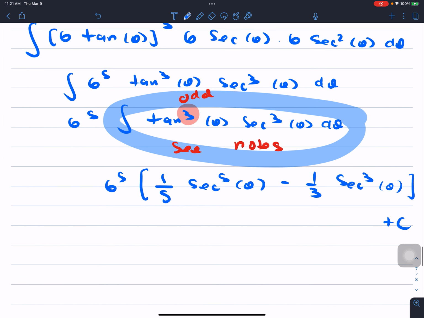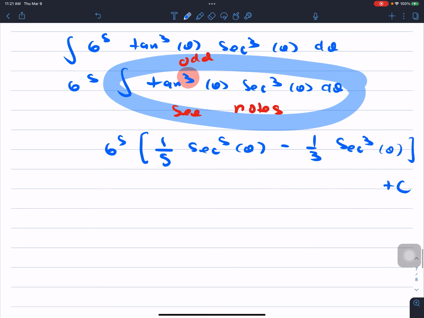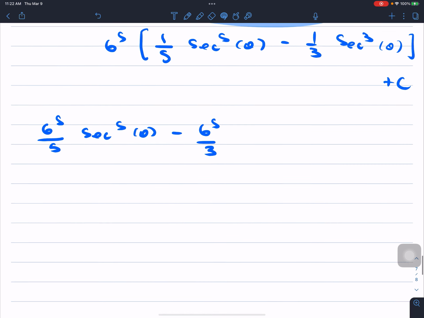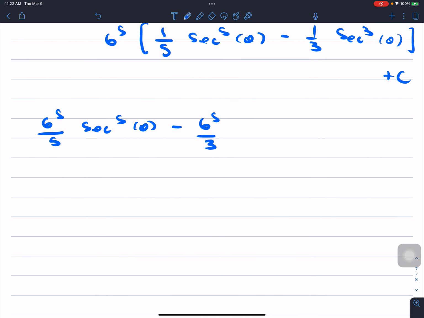Anyway. Okay, let's distribute that. That's going to be 6 to the 5th over 5 secant to the 5th theta minus 6 to the 5th over 3 secant cubed theta plus c.